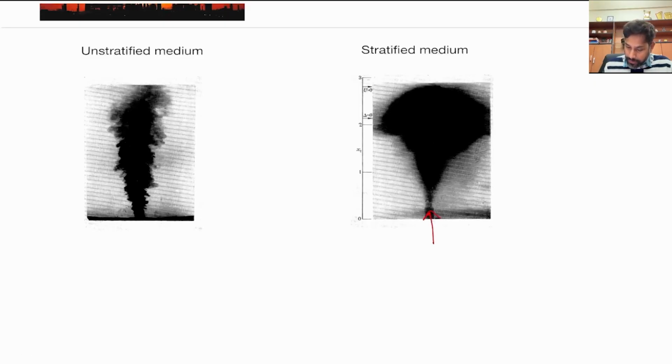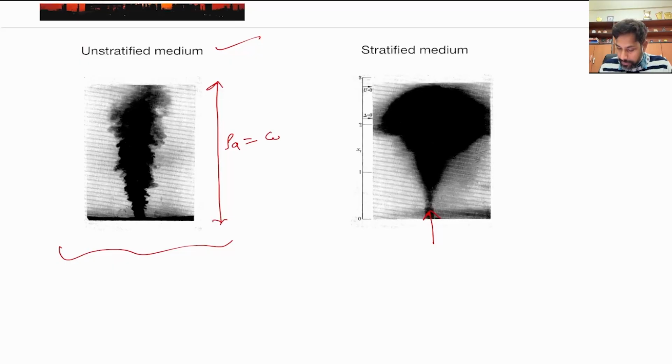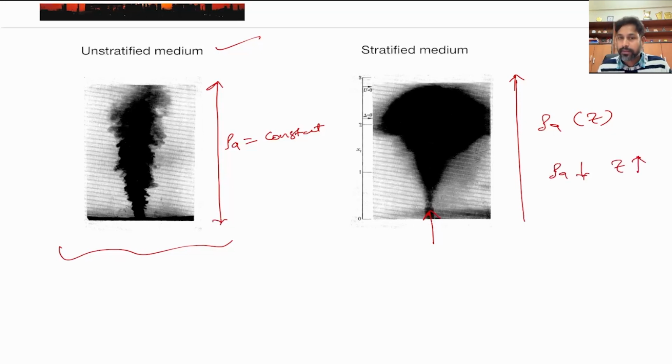Okay, so what you see here on the left is an unstratified ambient medium, and the rho atmospheric or rho ambient is constant, right? Whereas in this case rho ambient is a function of z, and rho ambient is decreasing as z increases.